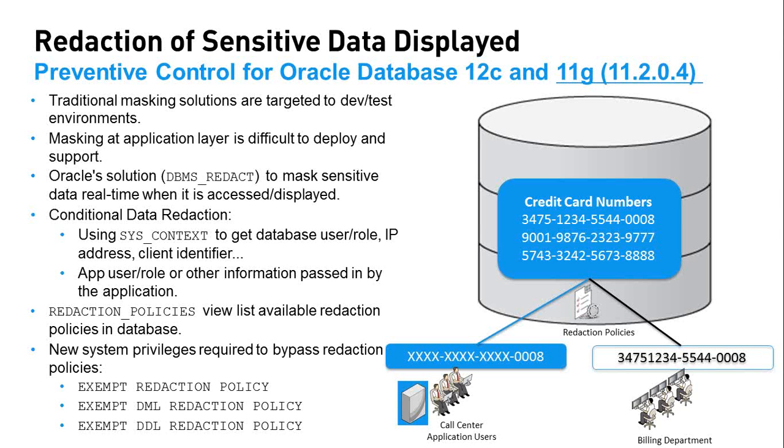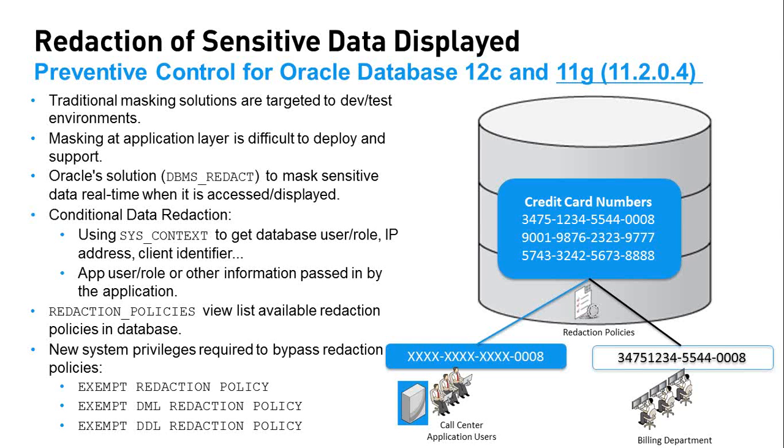You can use SYS_CONTEXT values to determine when the data redaction policies will apply at runtime to redact the data. Other than that, you have a system privilege to exempt redaction, specifically for DML or DDL operations. You allow some authorized release manager or some users who should be exempted from the redaction policies.